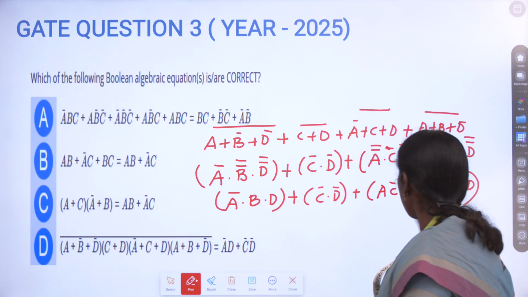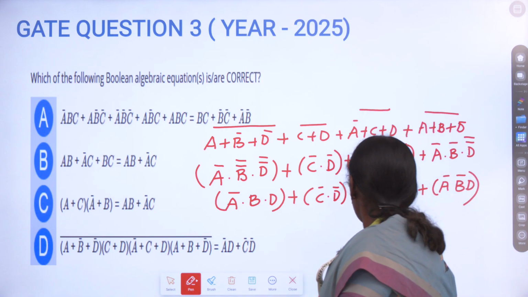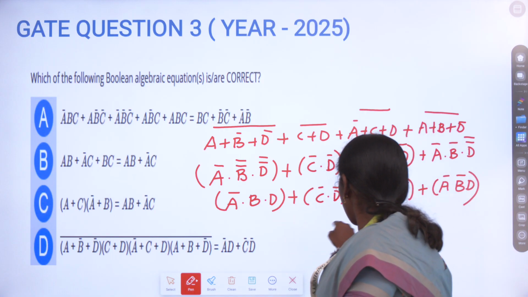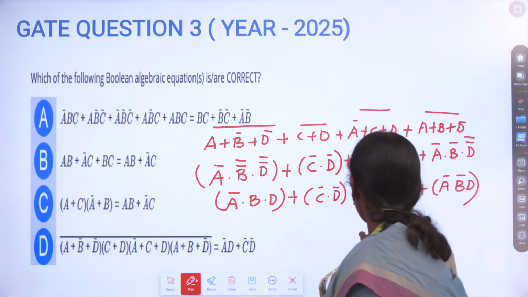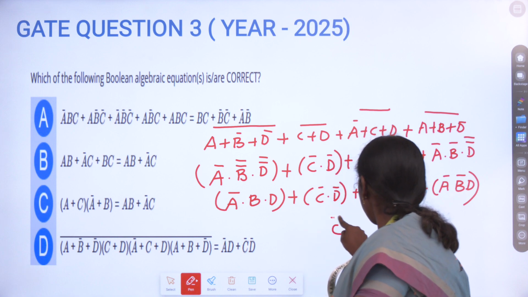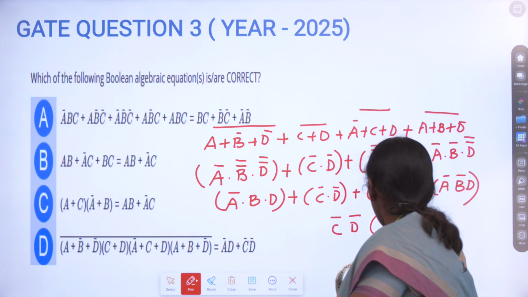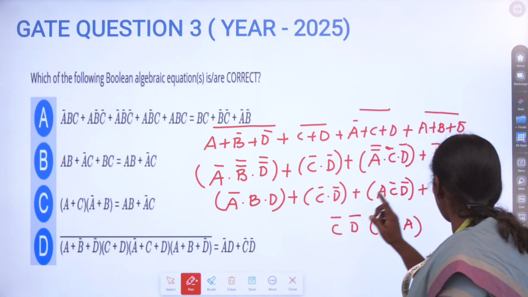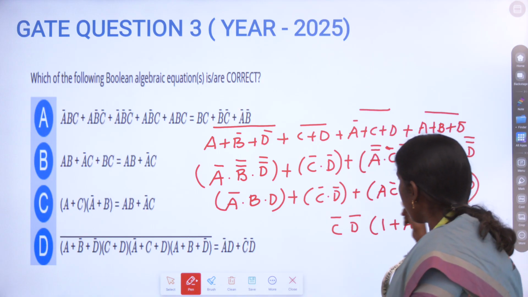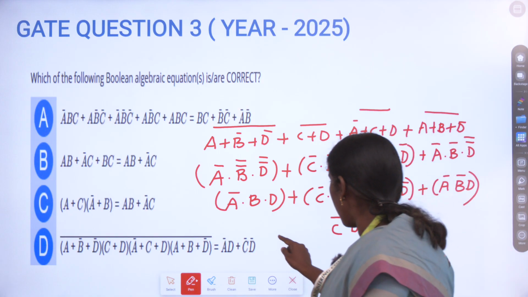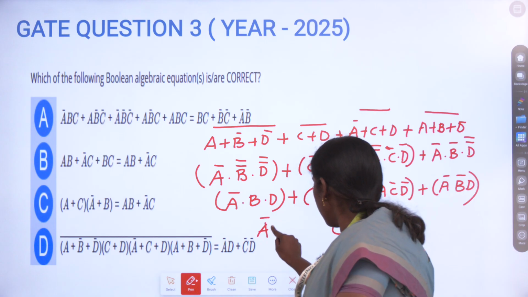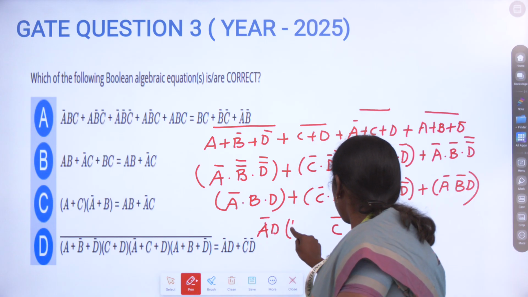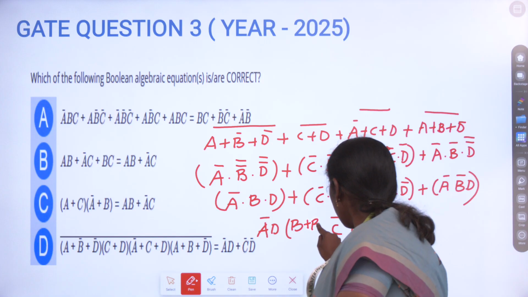So C bar, D bar. Let us check which is common here. From these two terms, it is very clear that C bar, D bar is common. So the remaining term will be 1 plus A. And similarly, from the first term and the last term, A bar D is common. So let me take A bar D as common. So what is inside? B plus B bar.